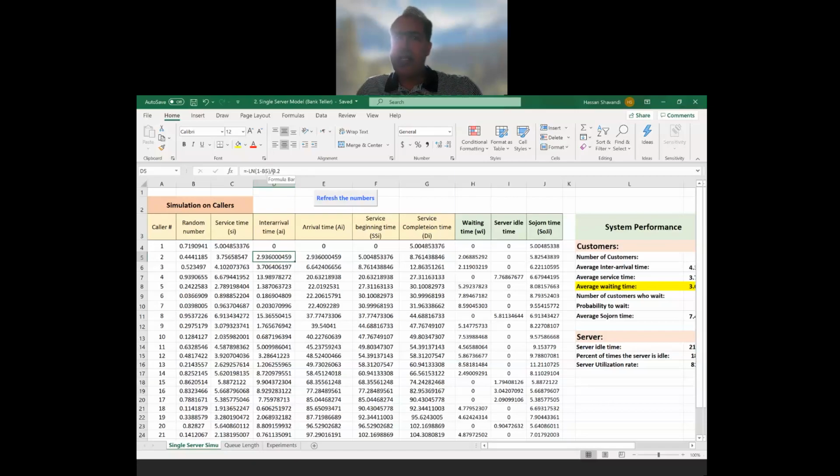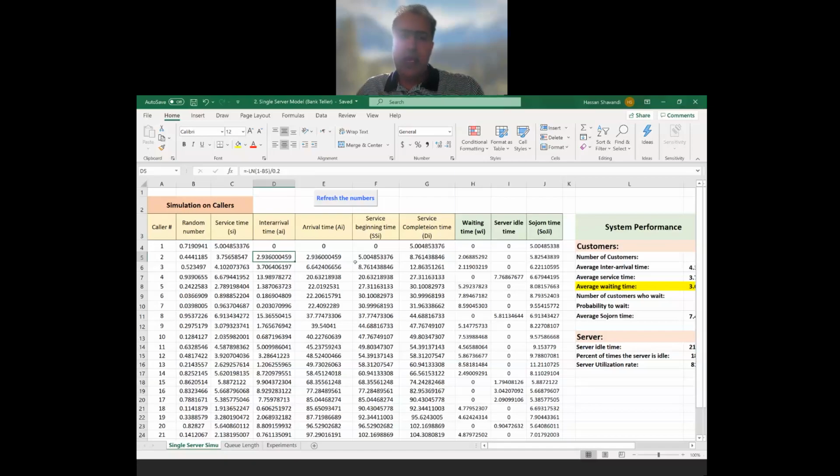The mean inter-arrival time was 5 minutes, and the mean in an exponential distribution is 1 over lambda. So 1 over lambda equals 5, then lambda becomes 0.2. This is how we obtain the random variable for the inter-arrival time of each customer.